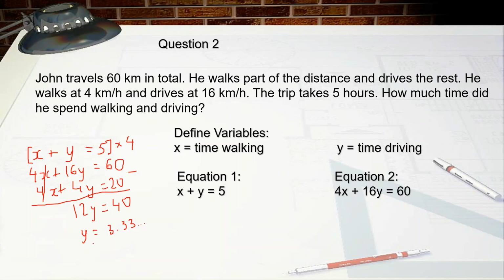I'm simply going to make this 10 by 3, so it will be easier for us to get the exact value for x. So x plus y is equal to 5. I'm going to use this equation, so x plus 10 by 3 is equal to 5. So x is equal to 5 minus 10 by 3, which is equal to 1.66, another recurring decimal.